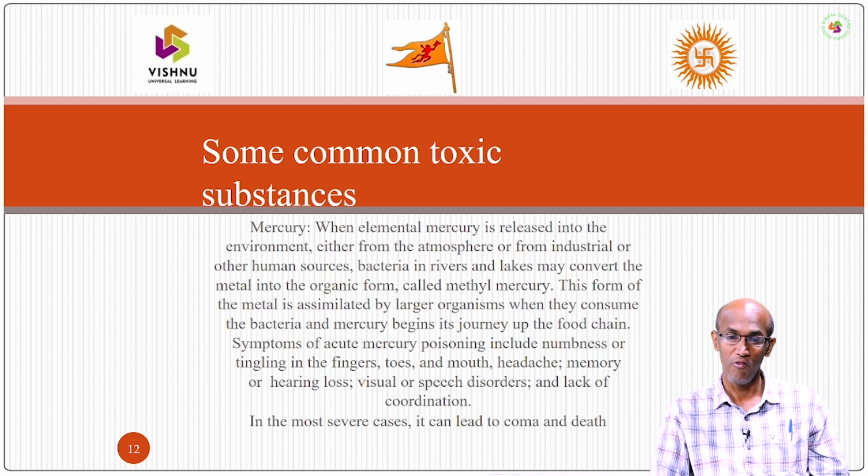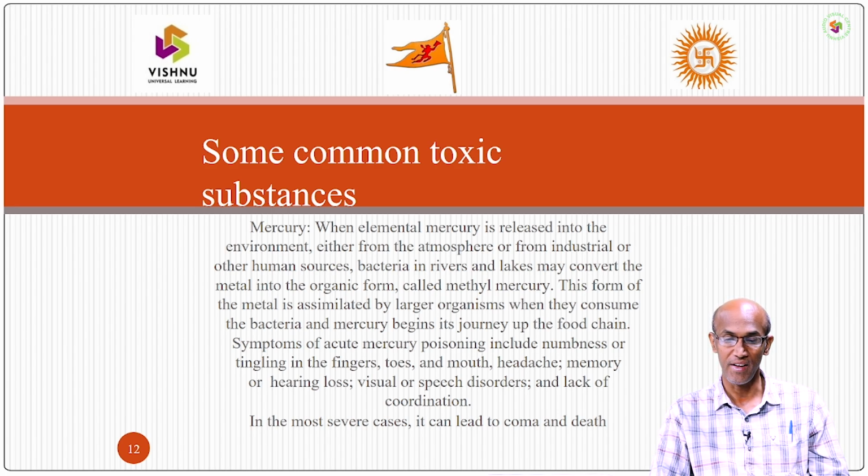Mercury. When elemental mercury is released into the environment, either from the atmosphere or from industrial or other human sources, bacteria in rivers and lakes may convert the metal into an organic form called methyl mercury.